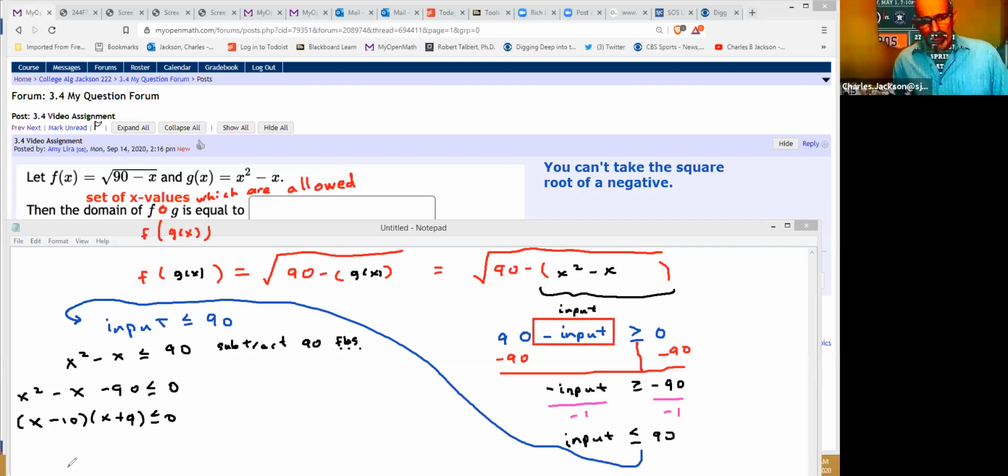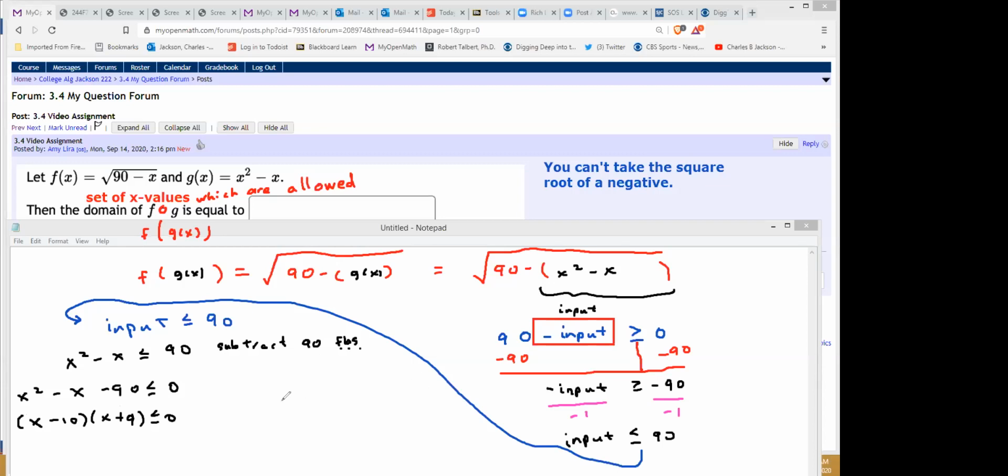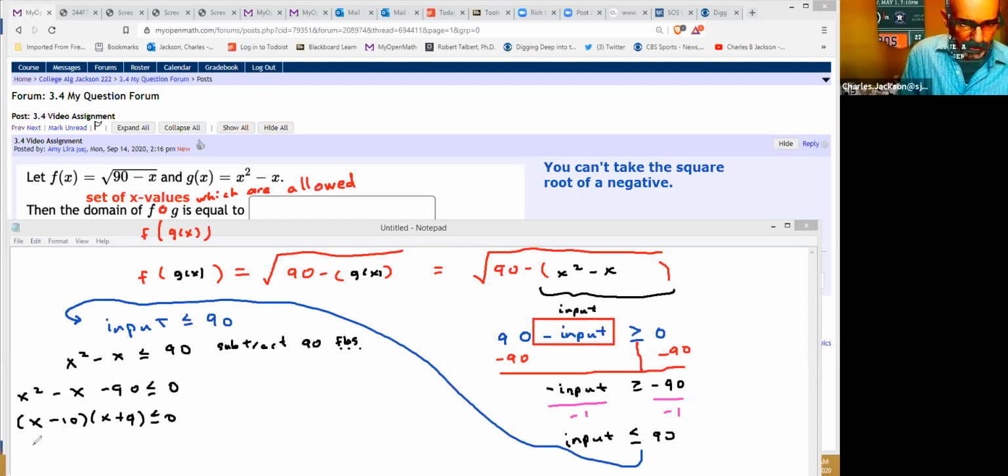And a graph of that would look like this. Okay, so I'm going to graph y1 equals x minus 10, x plus 9.